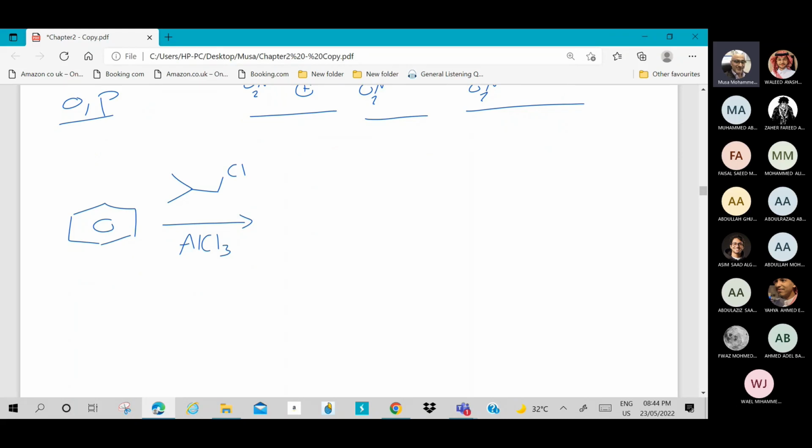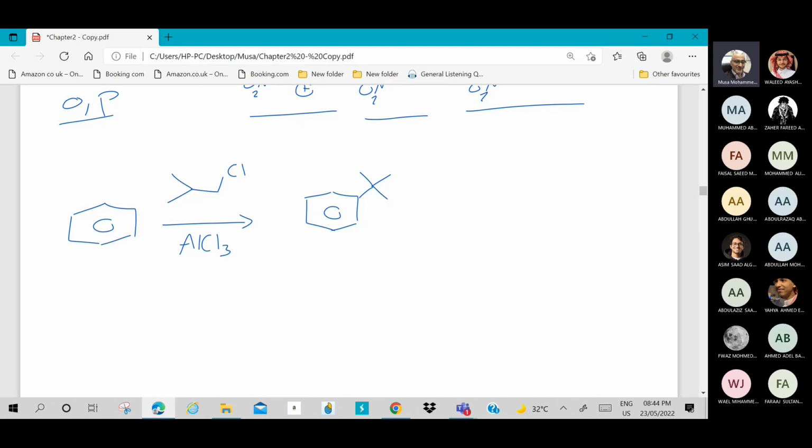This reaction suffers from more than one issue. The first issue, since we are going to form a carbocation, the carbocation can get rearranged. Rearranged, this means we will form this instead of just connecting the carbon that has the chlorine. So a rearrangement will take place because we are forming carbocation. Second issue, the reaction is not going to stop at the first alkylation.